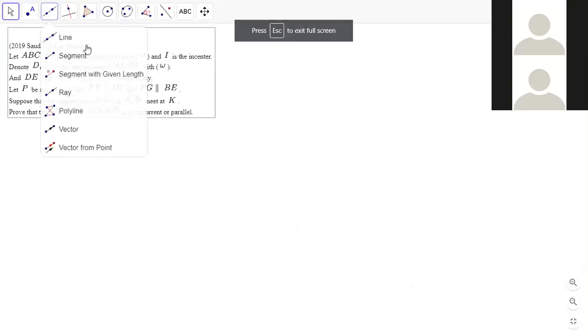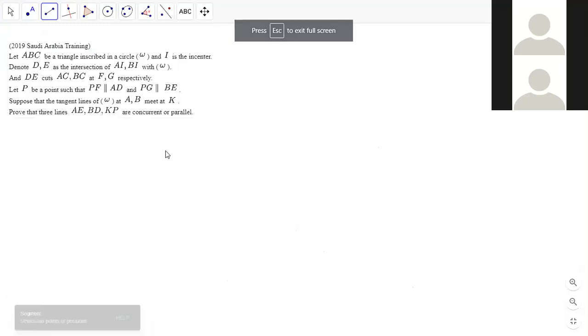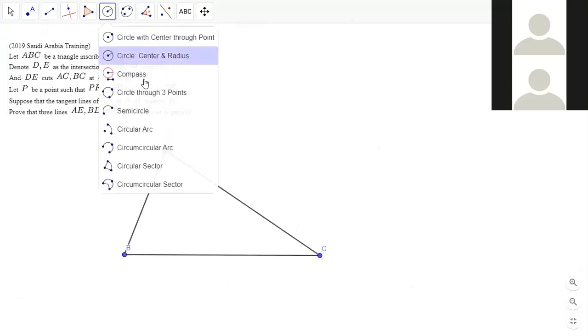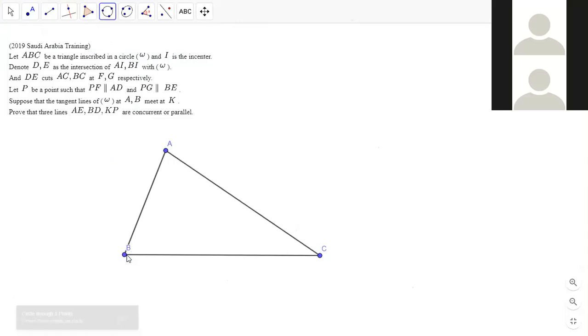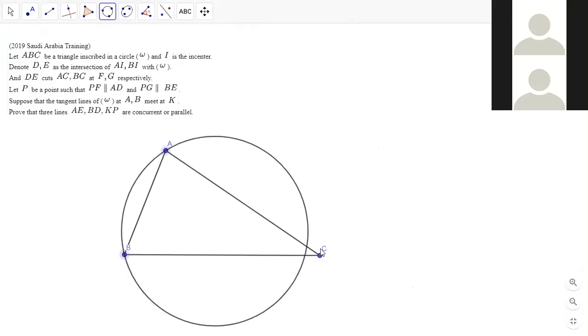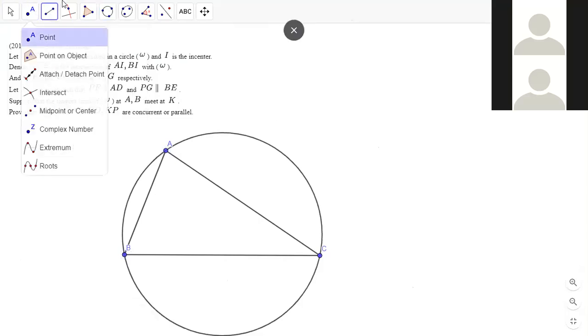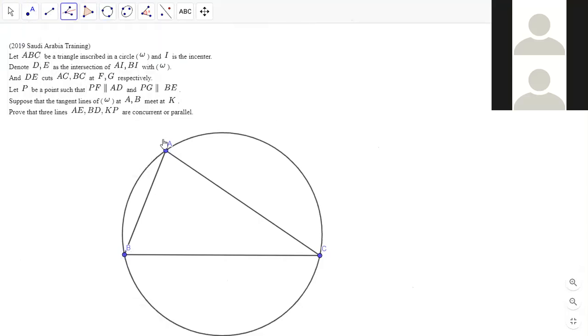So we have a triangle ABC with incenter I. Let's draw the circumcircle and the incenter. Do we ever use the incircle? I'm not sure, so I'm just going to draw angle bisectors for now.